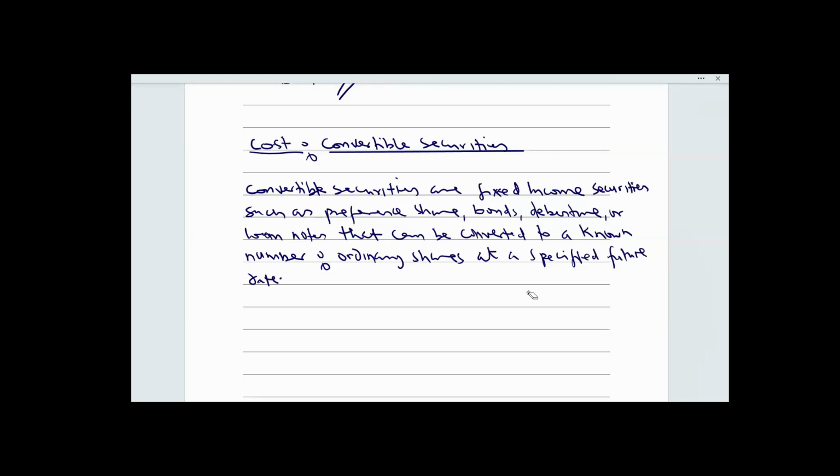However, it should be noted that investor will only convert to ordinary shares only if it is profitable. Let me put it down for you.